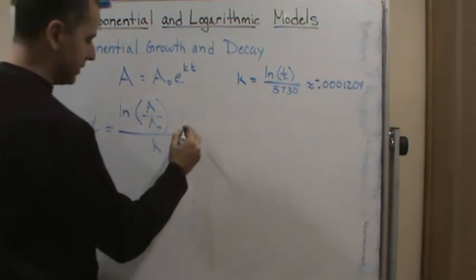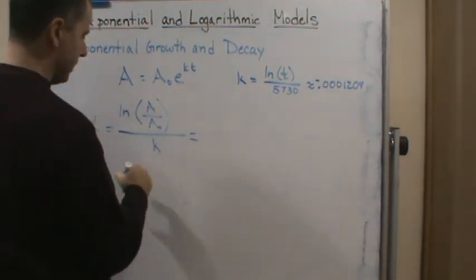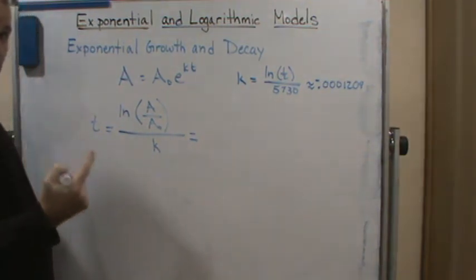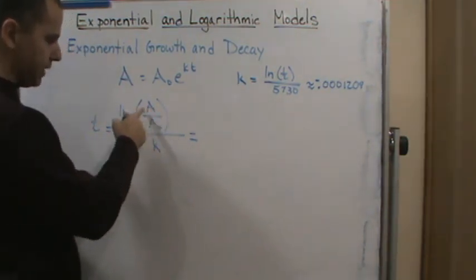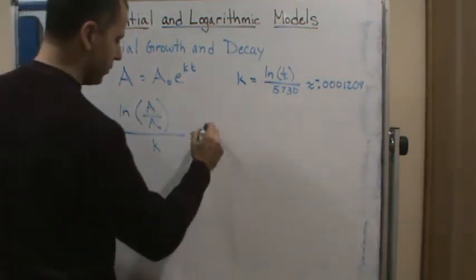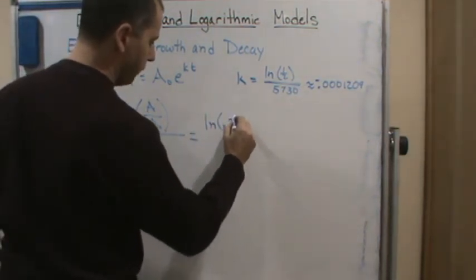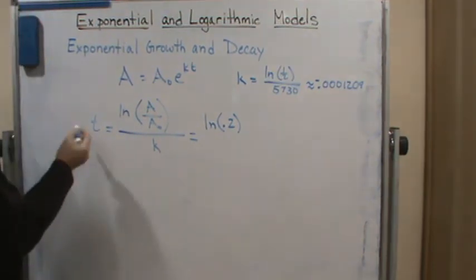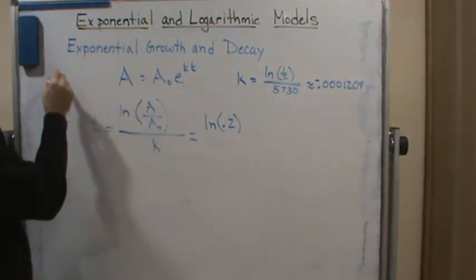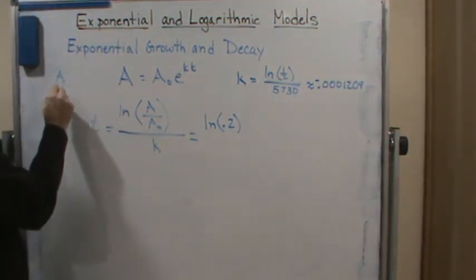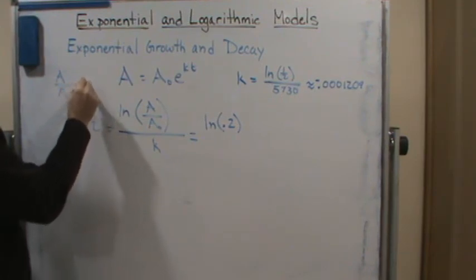So that means that this proportion is going to be 0.2, right? We don't use percentages, we use decimals. So it's going to be natural log of 0.2. Why? Because 20% of its original amount is telling us that A divided by A naught is equal to 0.2.